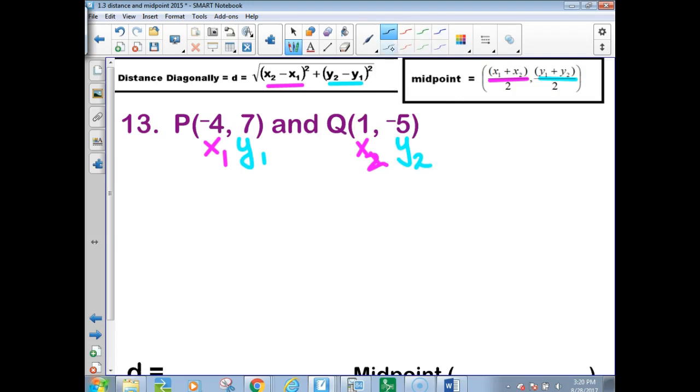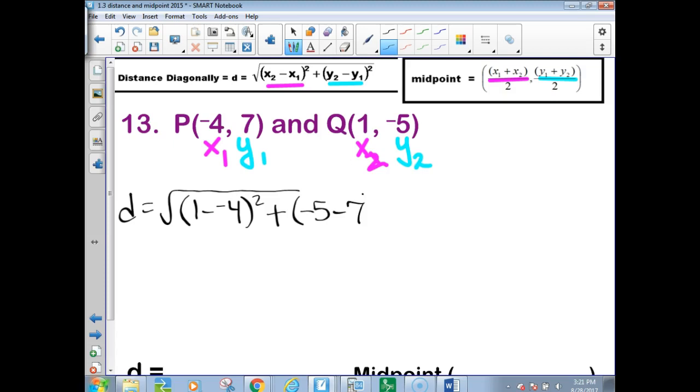And now I'm just going to start typing. Distance is the square root of 1 minus negative 4 squared plus negative 5 minus 7 quantities squared.